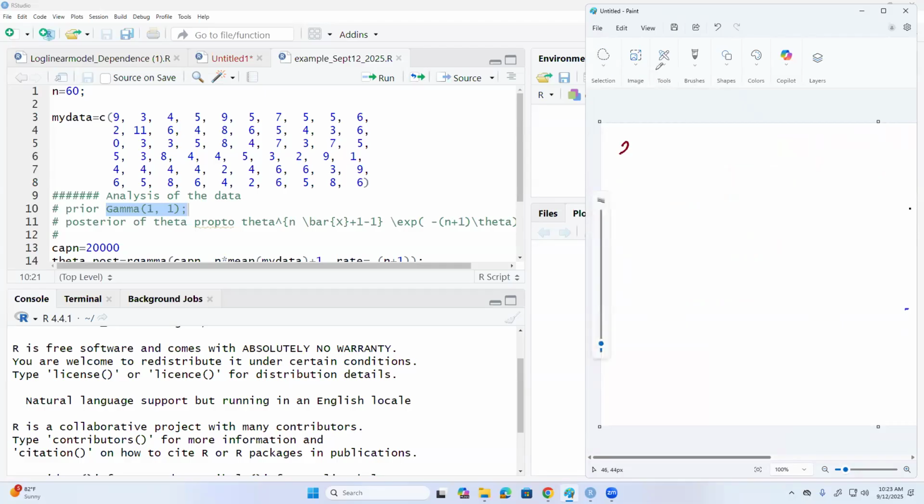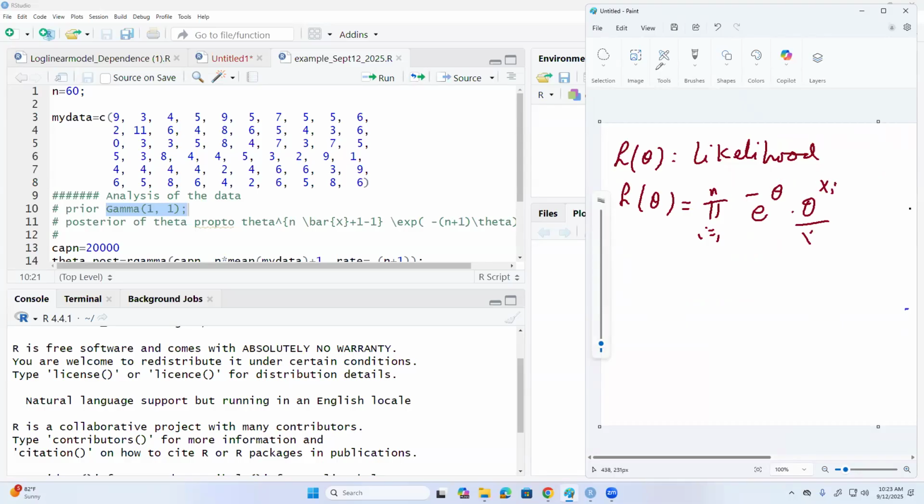the likelihood part is the likelihood. So L theta is the product, i equal to 1 to n, of e to the power minus theta, theta to the power xi over xi factorial. So it is e to the power minus n theta, where n is the number of observations, and theta to the power sum of xi.